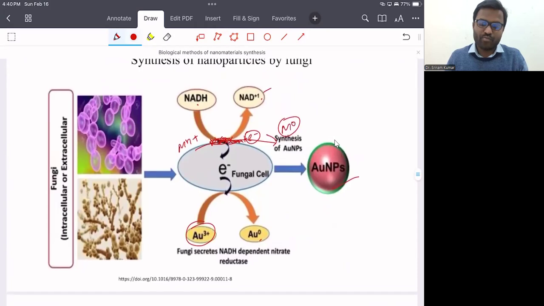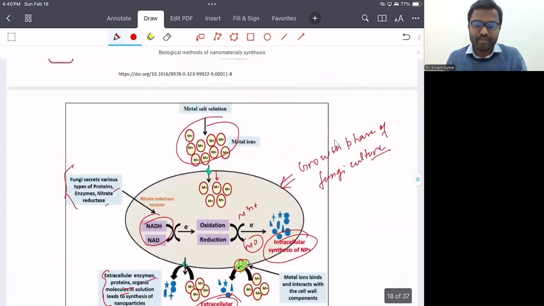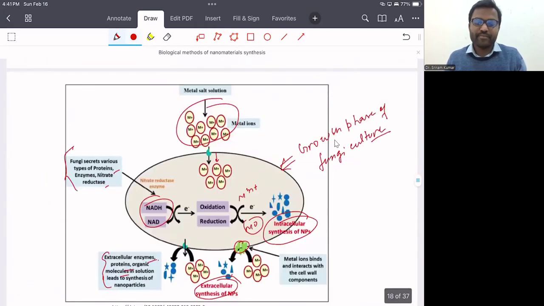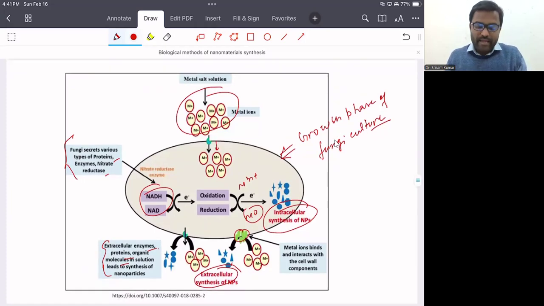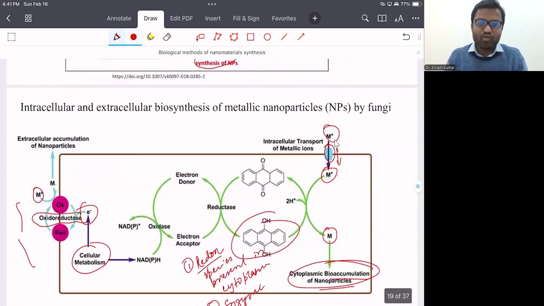This is the example of gold nanoparticle synthesis. Similarly, we have intracellular and extracellular mechanisms, depending on the process. We also understood the complex redox species present here.